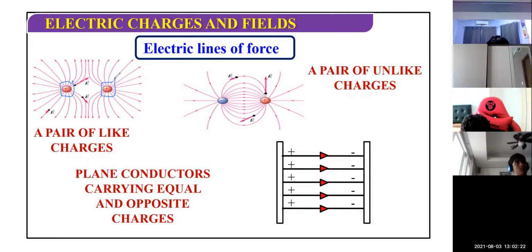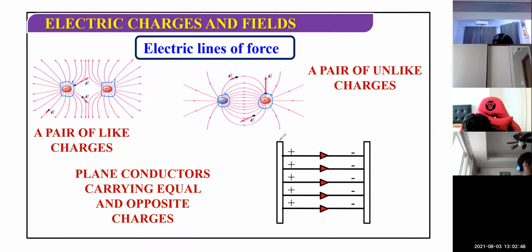These patterns come in the exam, children, in IGCSE and in your competitive exams. So for positive and positive charge, what type of pattern will be there? If the charges are opposite, one positive and the other negative, what type of pattern? You have to make almost such a pattern, children.